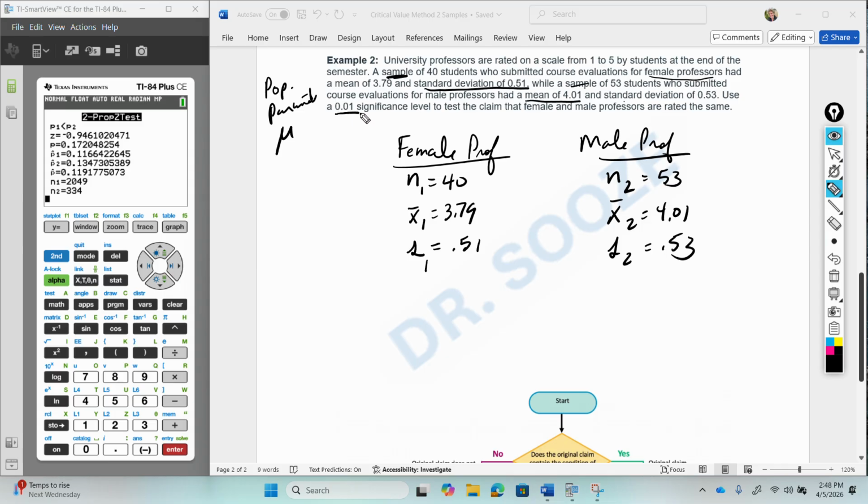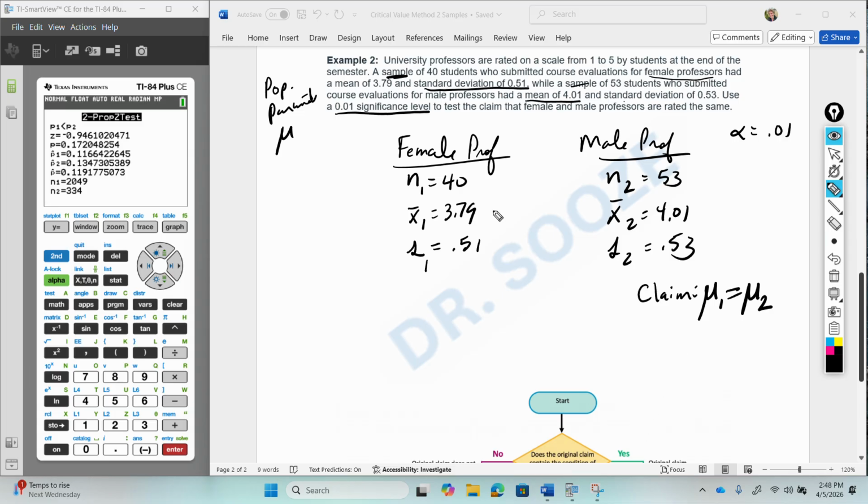And use a 0.01 significance level, so alpha is 0.01, to test the claim. So the claim in symbolic form is that female and male professors are rated the same. Okay, so the mean scores for all female professors is going to be rated the same as male professors.